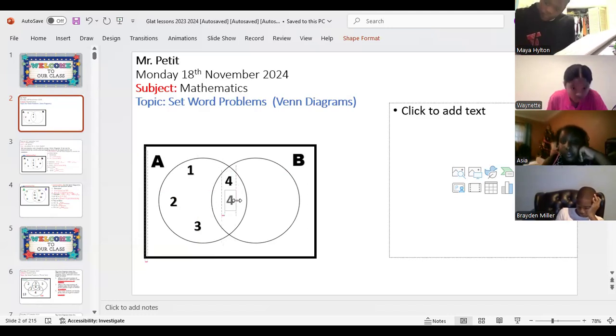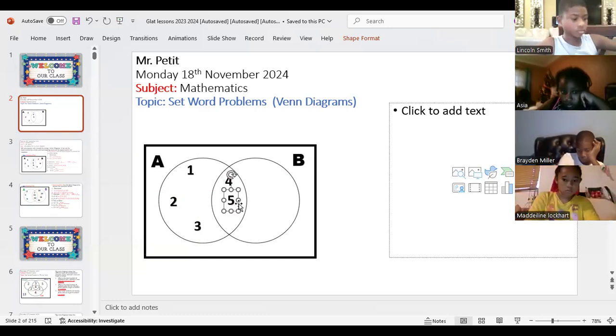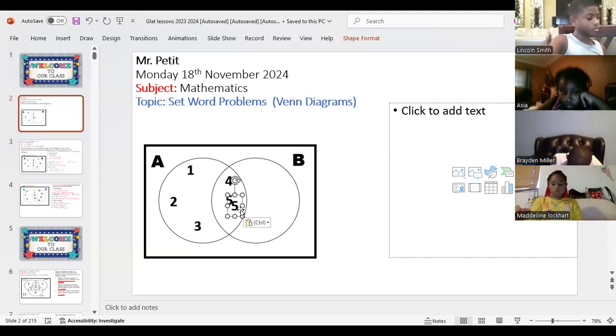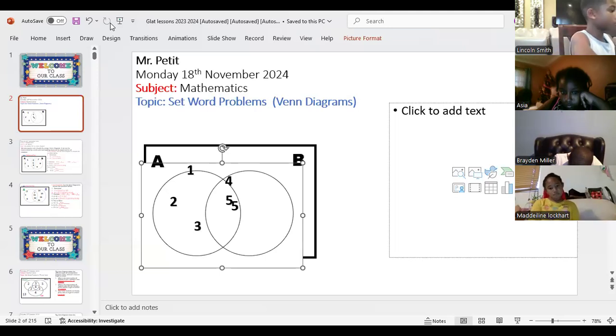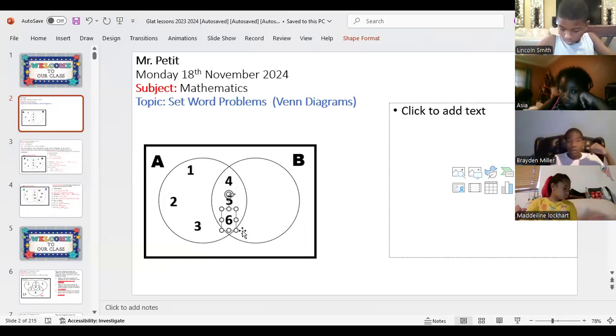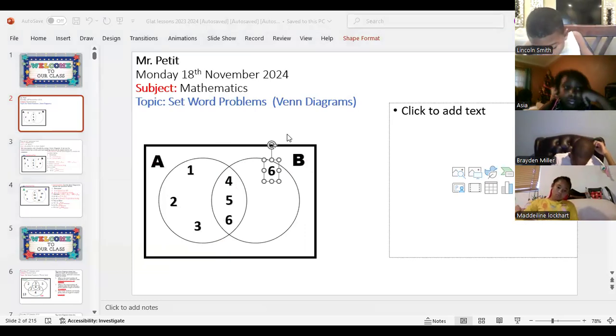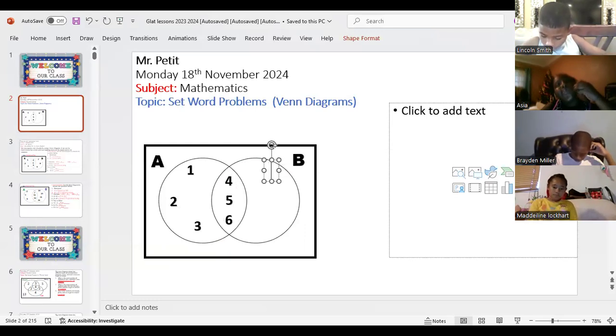Mr. Petit, my circles aren't that big. Is that fine? They need to be big enough so that... Yes, they could... All right, and then 6 in the middle. So we have 4, 5, and 6 in the middle. And on this side, we have, let's say, 7, 8.